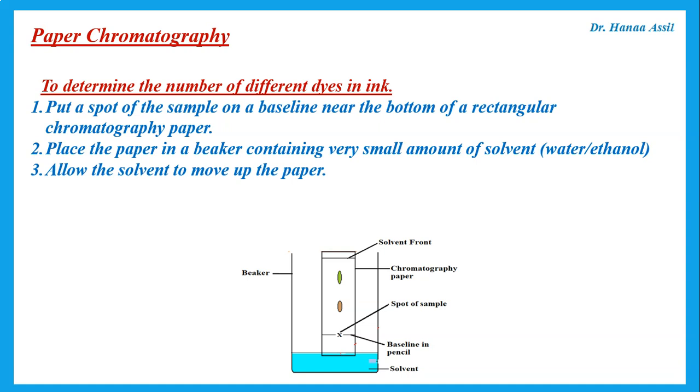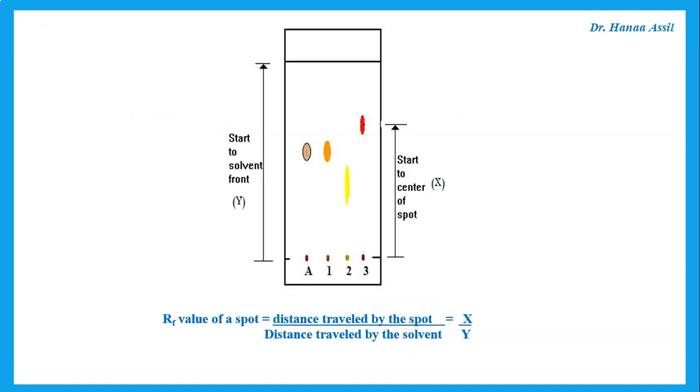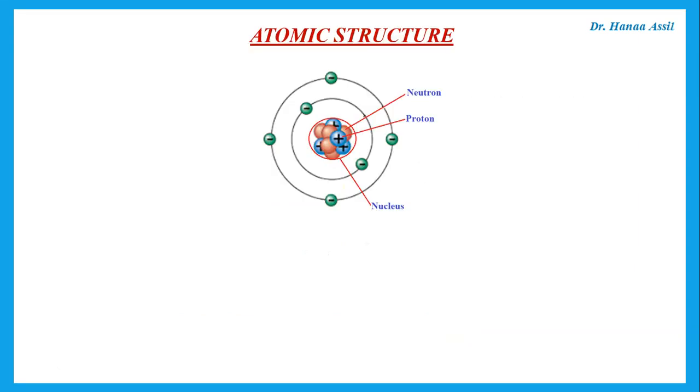Allow the solvent to move up the paper, and we can determine the RF value. The RF value is the distance traveled by the spot divided by the distance traveled by the solvent. So we measure the distance from the baseline to the spot, divided by the distance from the baseline to the solvent front.